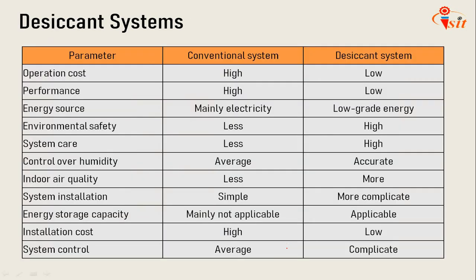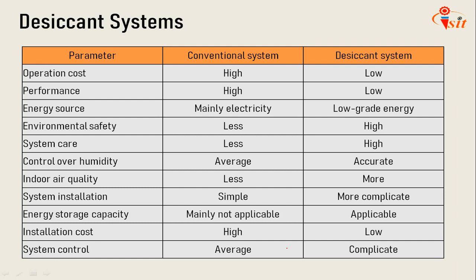Now next is desiccant systems. The desiccant air conditioning system utilizes the capability of desiccant materials in removing the air moisture by the sorption process. All materials that attract moisture at different capacities are called desiccants.